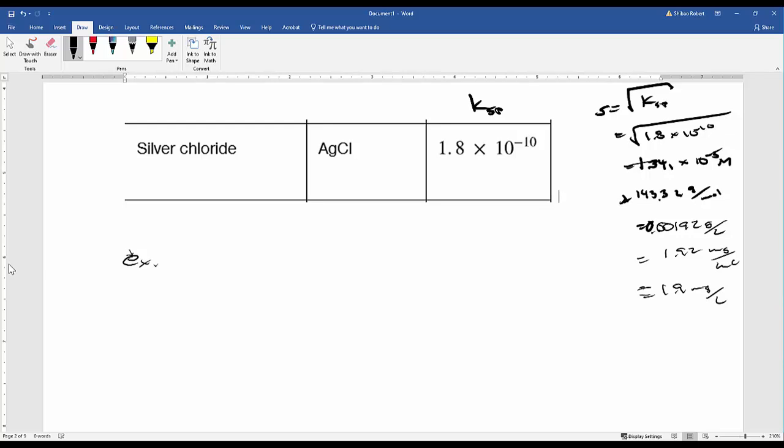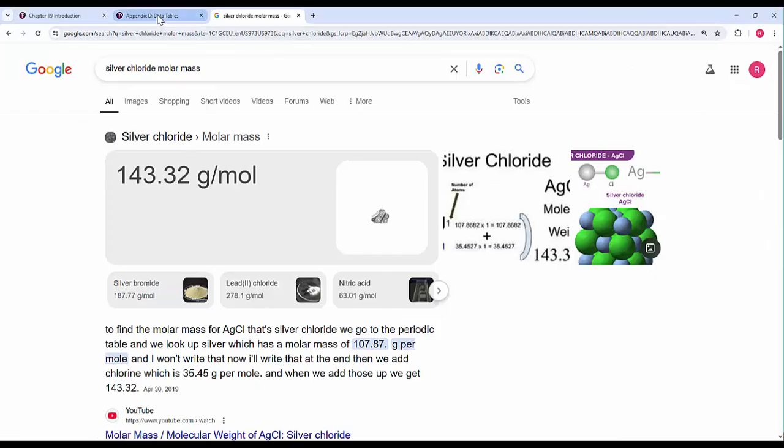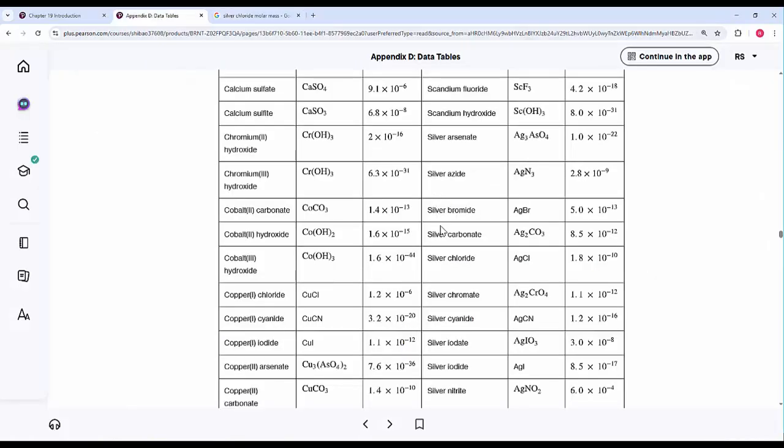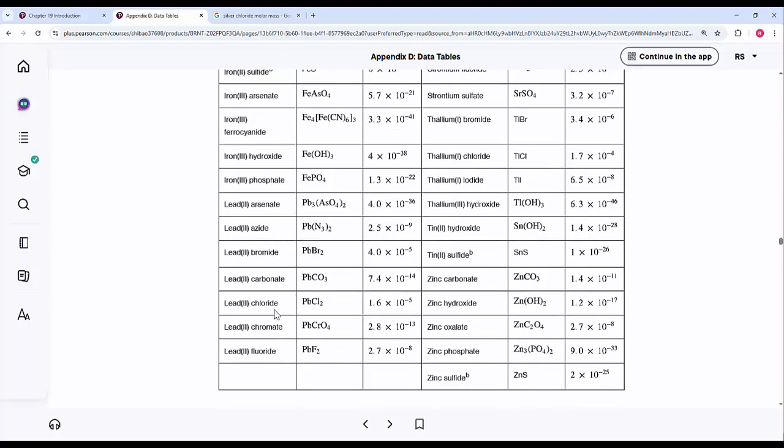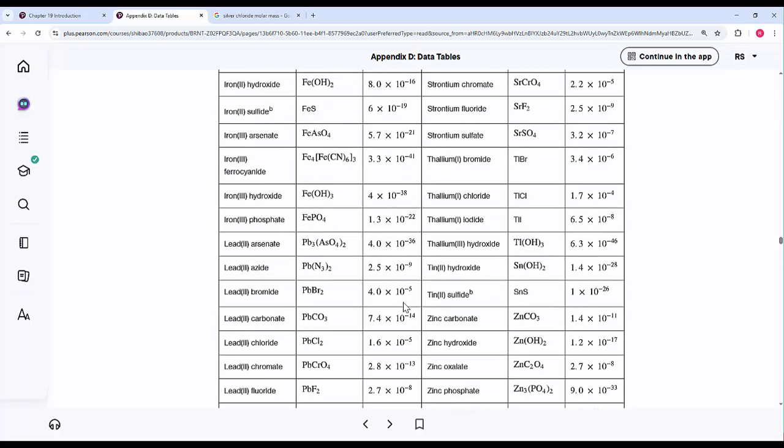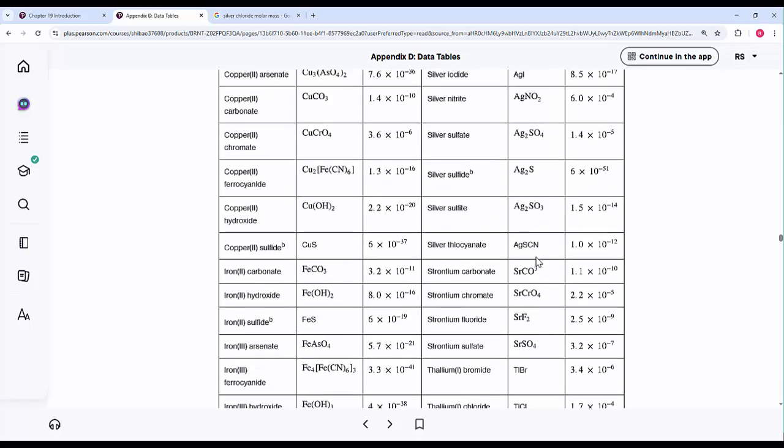And so if we look at lead-2 chloride, that has a fairly high KSP value. And so let's take a look at the KSP value here. The lead-2 chloride is 10 to the minus 5, which is about 6 orders of magnitude higher.